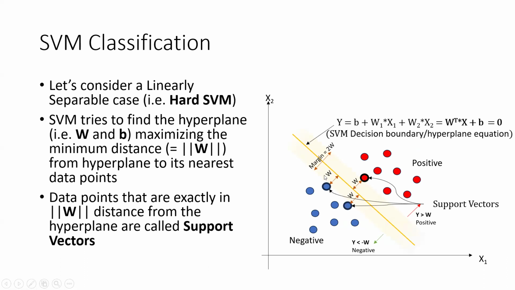Our problem is finding this decision boundary by maximizing the distance from the decision boundary to the support vectors.